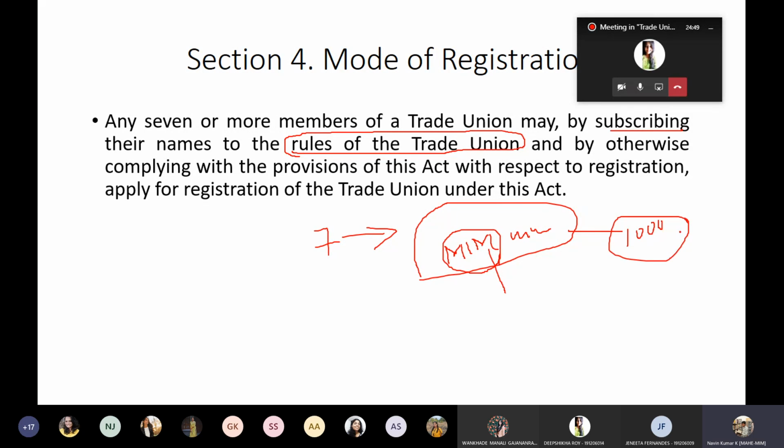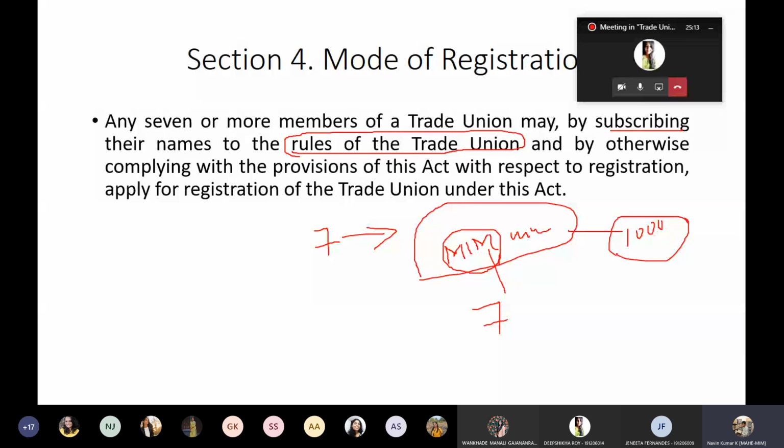Out of this 1,000 employees, there are some members in this union, but in order to register before the registrar, at least 7 members, not workmen I'm talking about. Out of 1,000 workers, all people may not join the union.